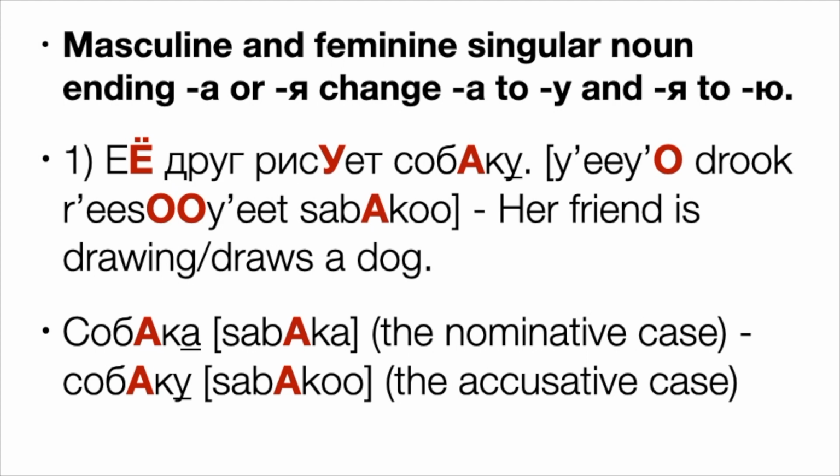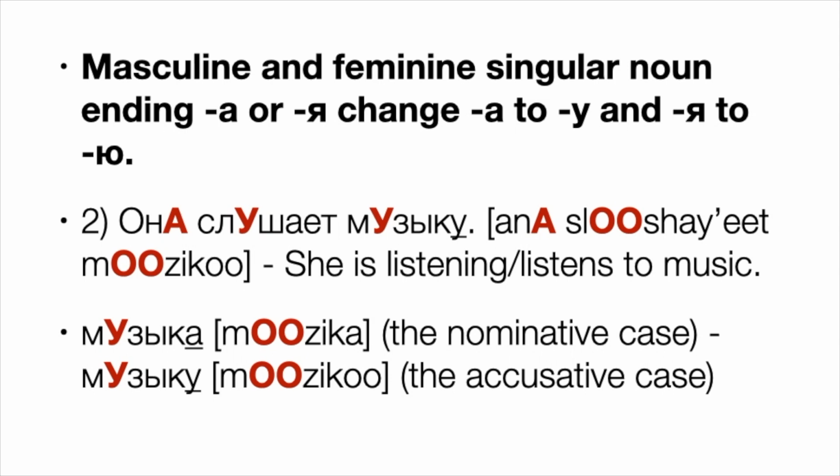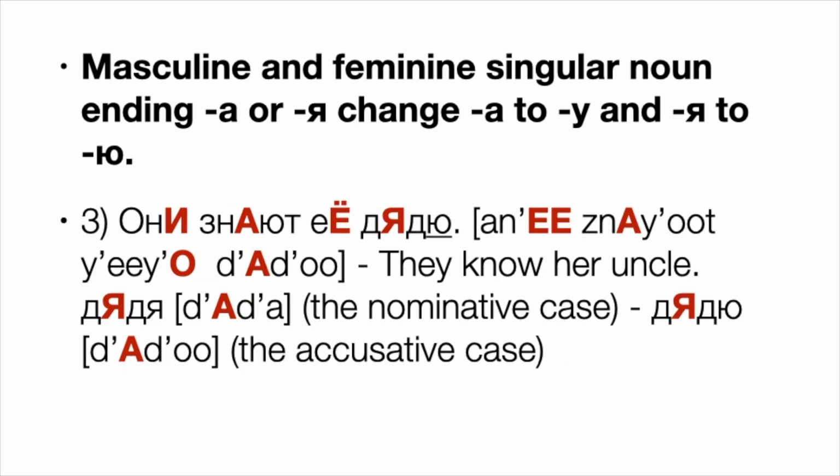Ее друг рисует собаку. Number 2. Она слушает музыку. Музыка is a singular feminine noun. Number 3. Они знают ее дядю. Дядя is a singular masculine noun.